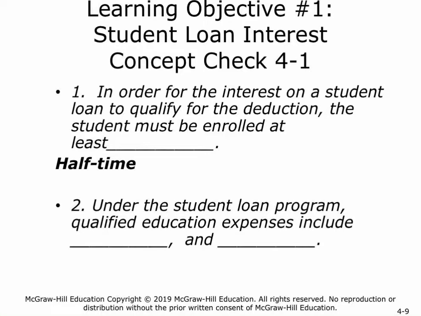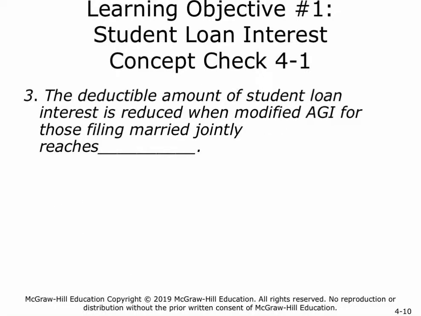Under the student loan program qualified educational expense, under concept check 2, that must include what two things? That's going to be the tuition and fees. For concept check 3, the deductibility amount of student loan interest is reduced when modified AGI for those filing married or jointly reaches 135,000, and the deduction would be completely eliminated at 165,000.